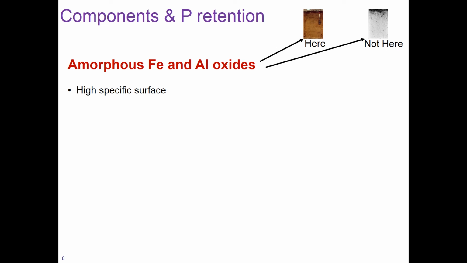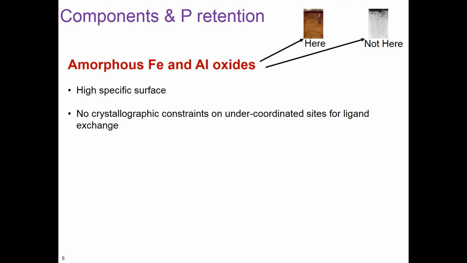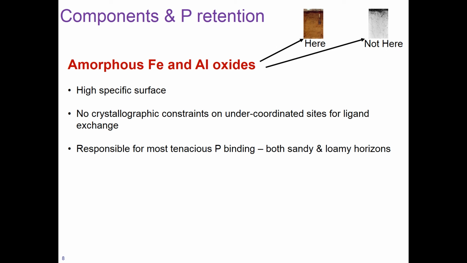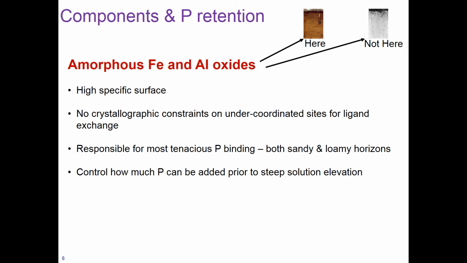Some facts about amorphous iron and aluminum oxides: they have a high specific surface area because of their amorphous nature. They don't have crystallographic constraints on undercoordinated sites for ligand exchange, as was the case for kaolinite, the example I just gave. They're responsible for the most tenacious phosphorus binding in soils, both sandy and loamy horizons of Florida.